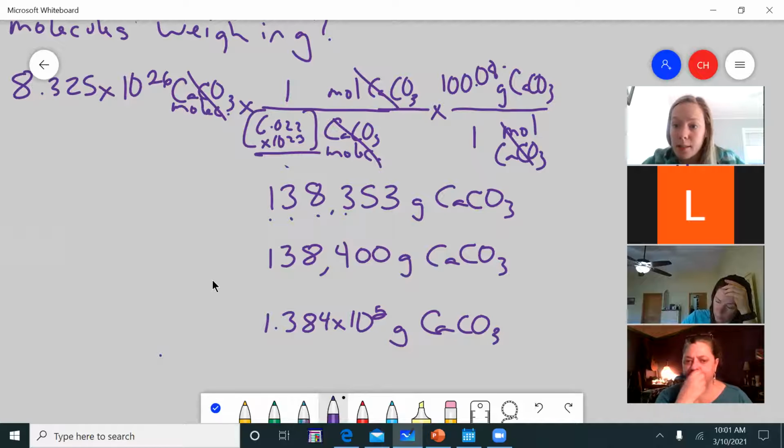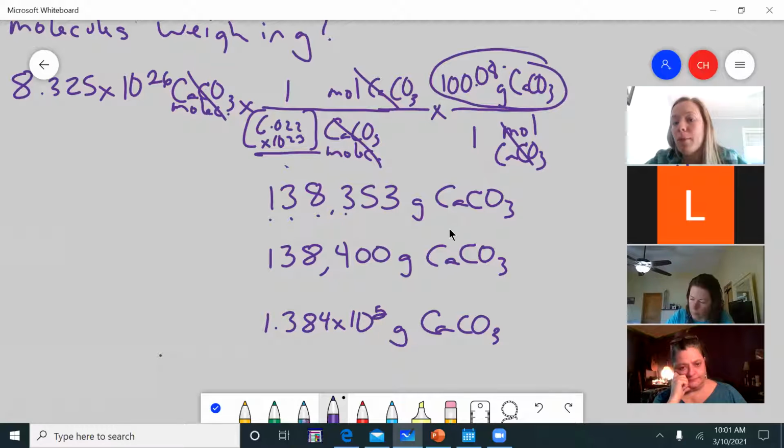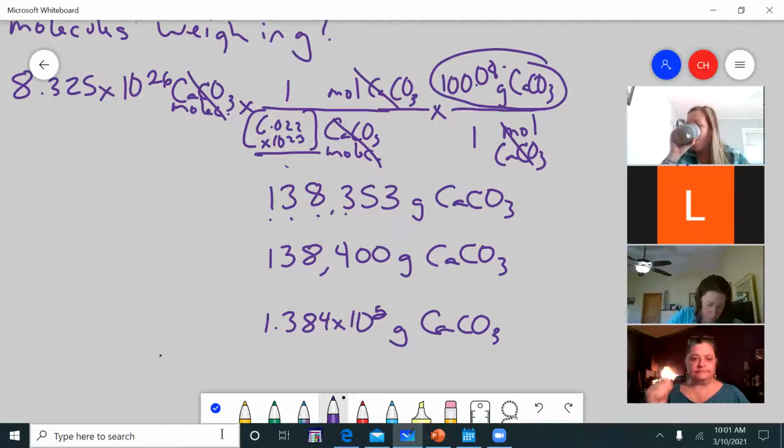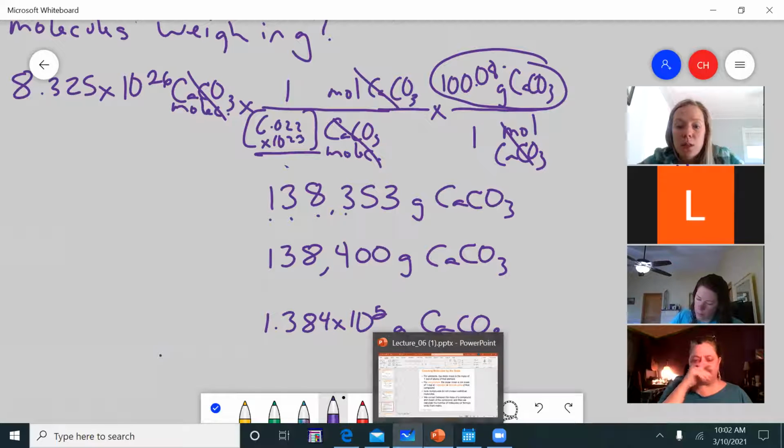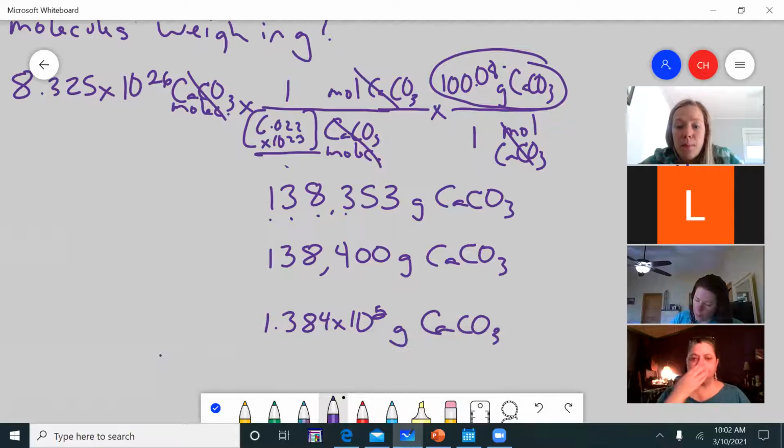So similar process to what we were doing last time with the elements and converting between grams and atoms. We just have that extra step of needing the molar mass of the compound. Any questions on that?